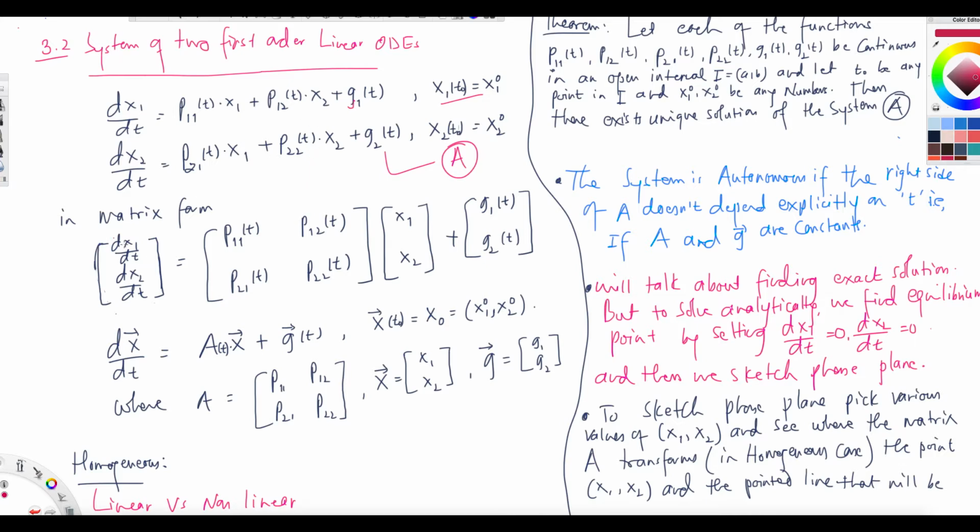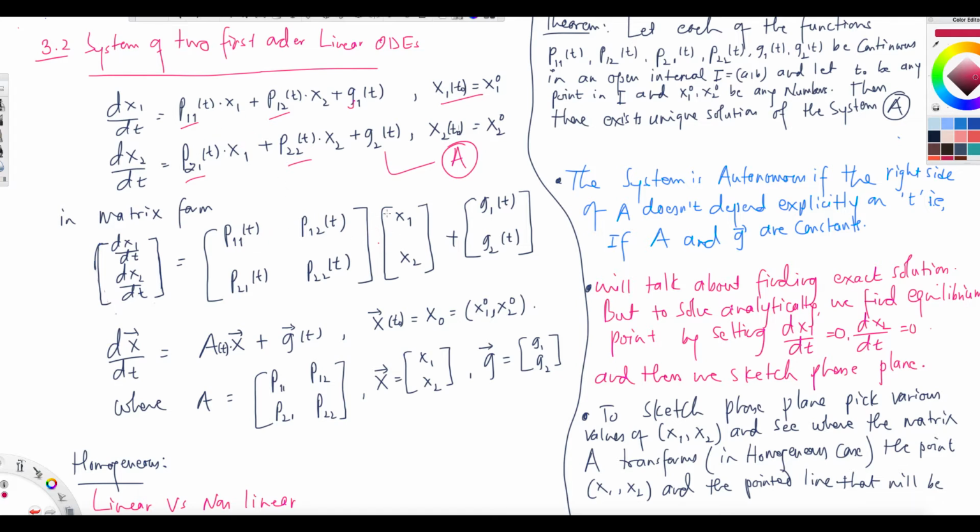Okay, so if you write the matrix form of this, you can just combine into a single matrix, dx1 over dt and dx2 over dt. On the right hand side, what I'm doing is writing the matrix of the coefficients only: p11(t), p12(t), p21(t), p22(t), times x1 and x2 in column form. Because if you multiply these two matrices, you will get exactly the same thing.